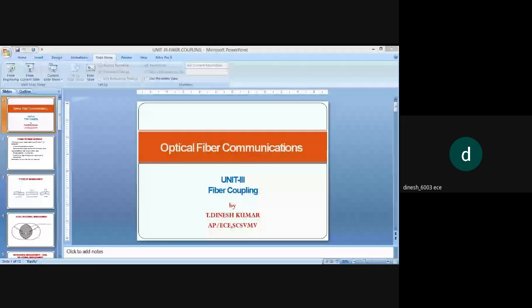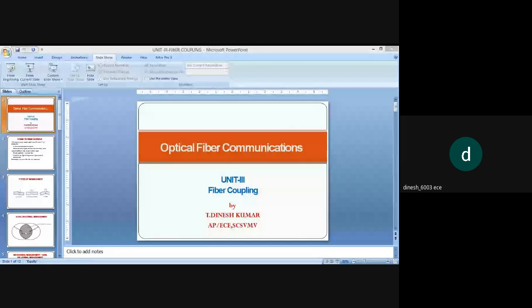For a uniform illumination of the optical power accepted by the core, which is the power that falls within the numerical aperture, the optical power density P of r at a point r on the fiber end face is proportional to the square of the numerical aperture, which is P of r is NA of r the whole square. The total power can be given as P is equal to the integral from 0 to 2 pi and 0 to a of P of r into dr into d theta.